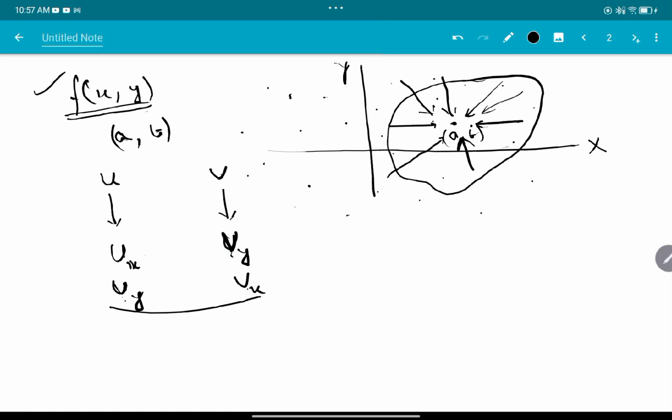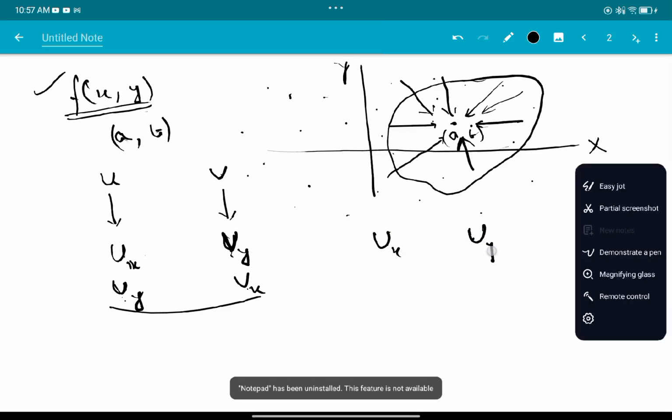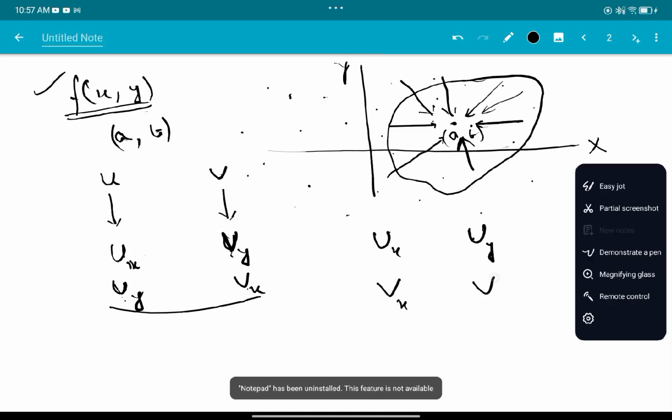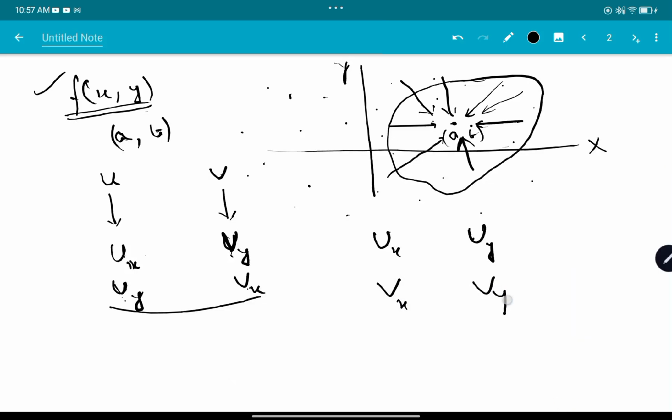That means not only must u and v be continuous, but u_x, u_y, v_x, v_y must be continuous. If that is there, then the function is differentiable at this point or in the neighborhood of this point. If not, it is not.